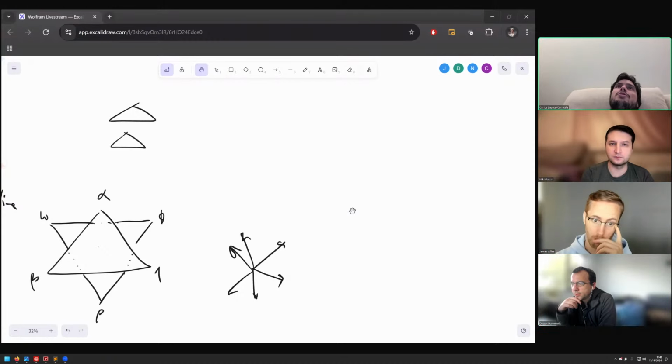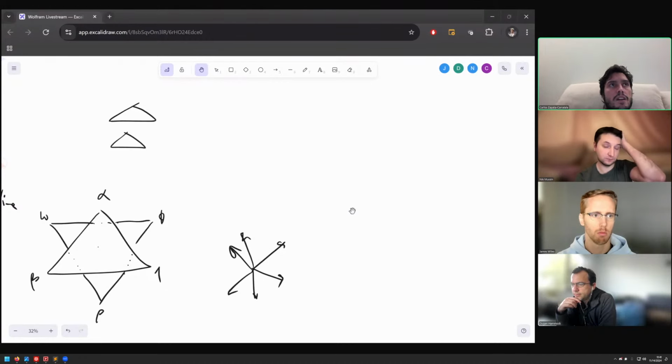So, all right, let me see if I remember correctly. Basically, what you do is you take 3 matrices that essentially behave like the cubic root of unity.